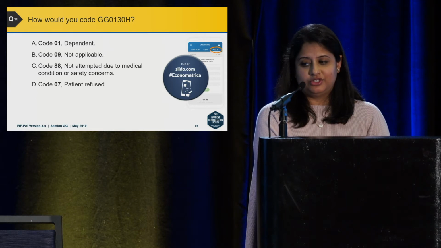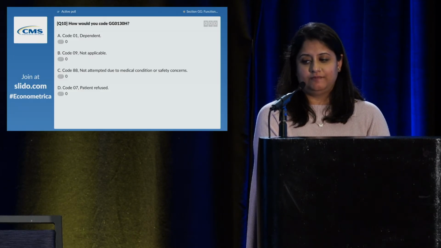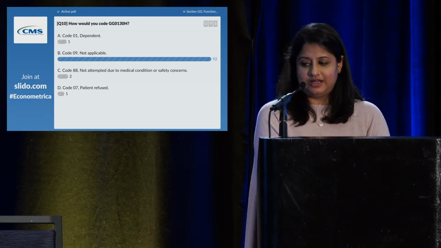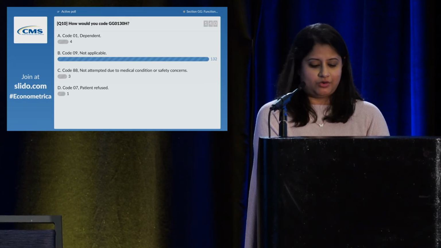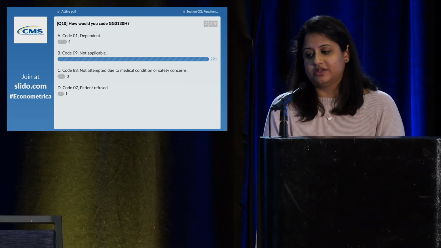So, how would you code GG0130H? Would you say A, 01 dependent, B, 09 not applicable, C, 88 not attempted due to medical conditions or safety concerns, or D, 07, patient refused?